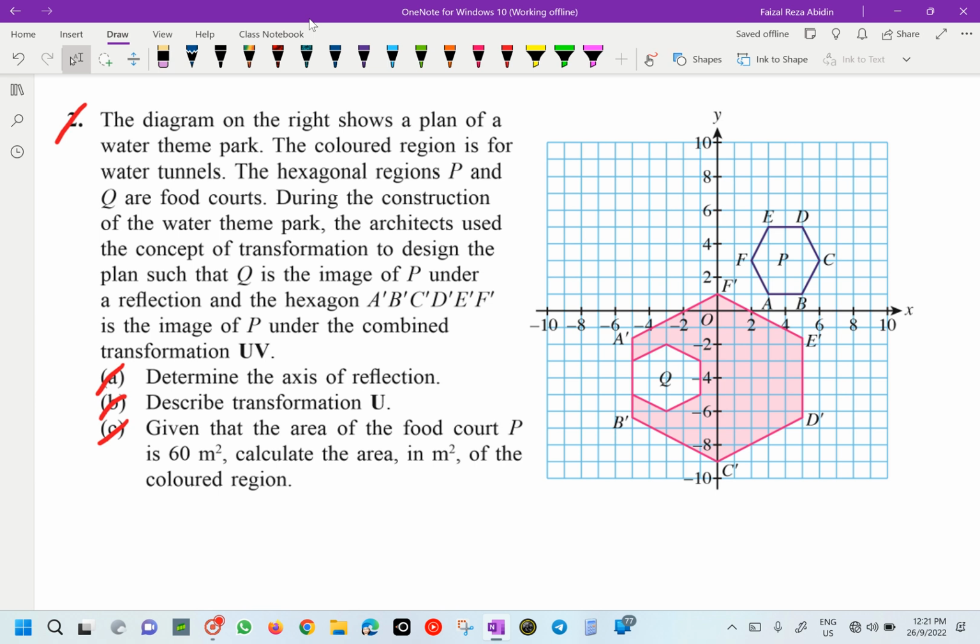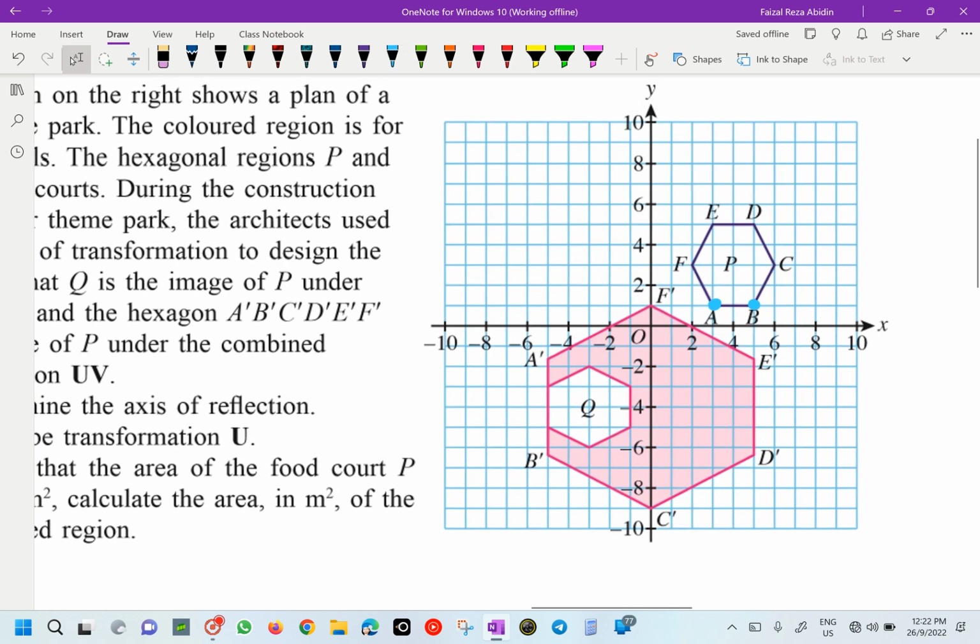Okay, if you look over there, which one is going to be our axis of reflection? This one is A, B, C, D, E, F. So I'm going to get A and B here. When we have the reflection, up here I'm going to get my A, and for our B it is going to be down here.